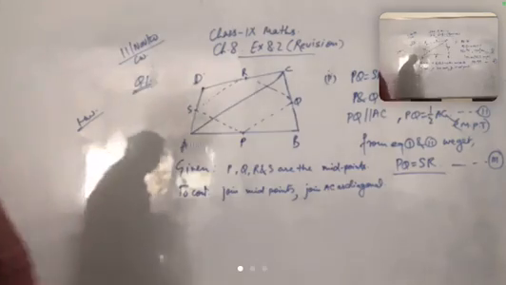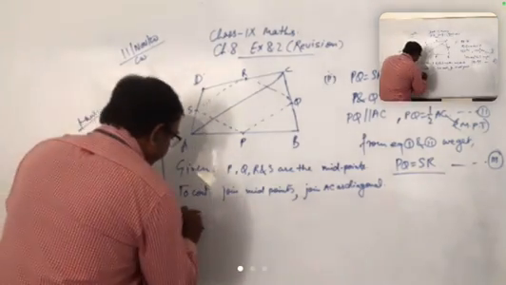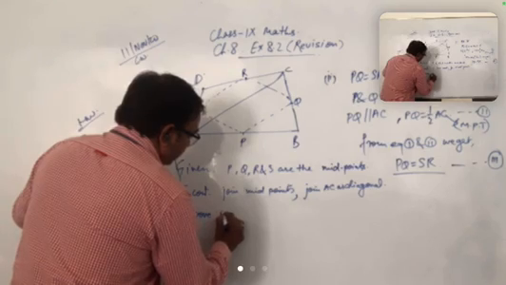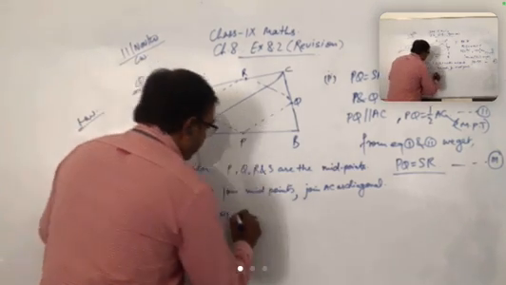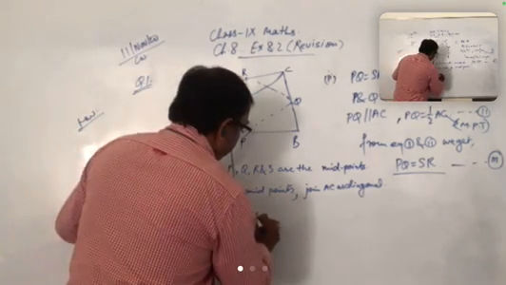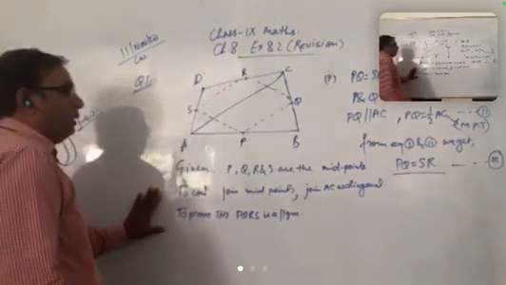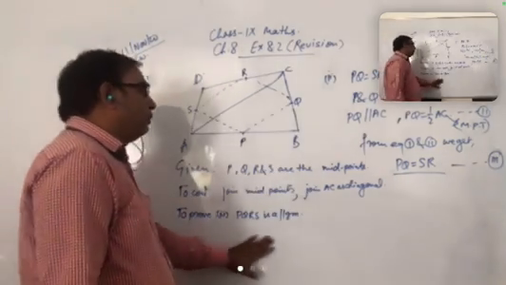Now the third proof is to prove the third part. Third part is PQRS is a parallelogram. Okay, so in this we don't need to write anything.